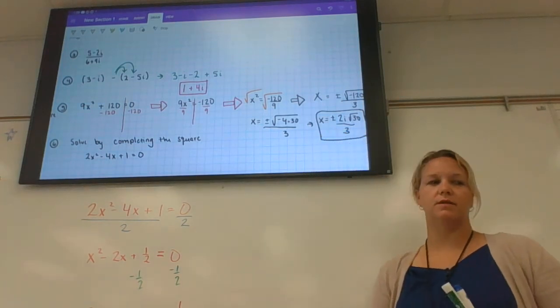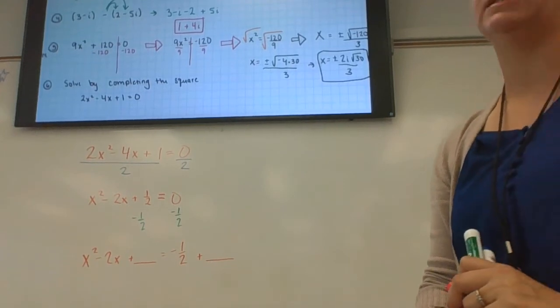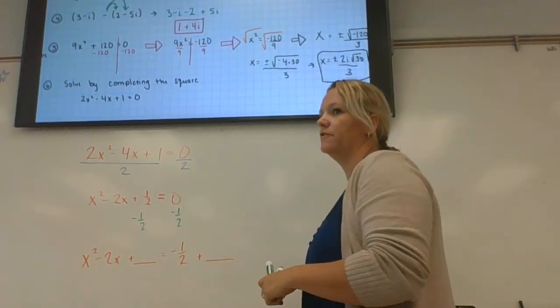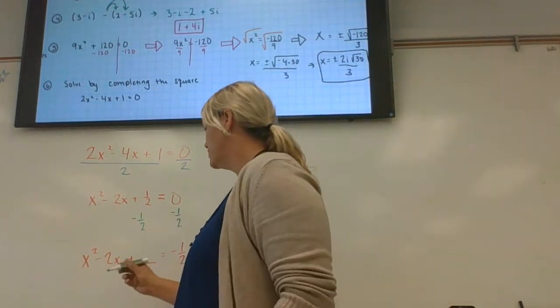Alright, put a blank space in. Move C, that 1/2 isn't working. Move it. And now is when you do b over 2 squared.